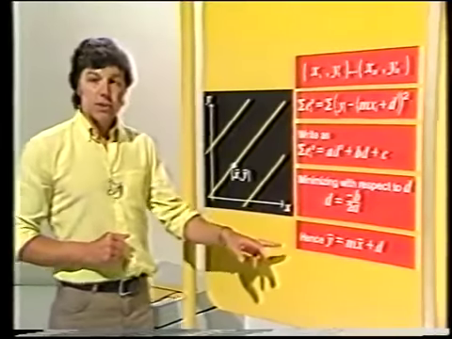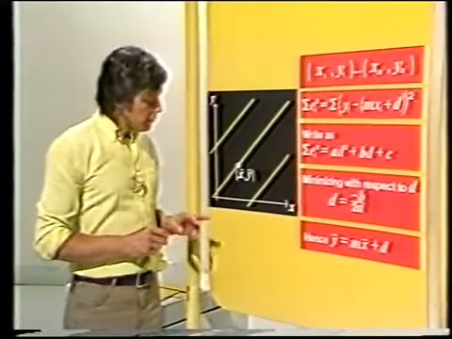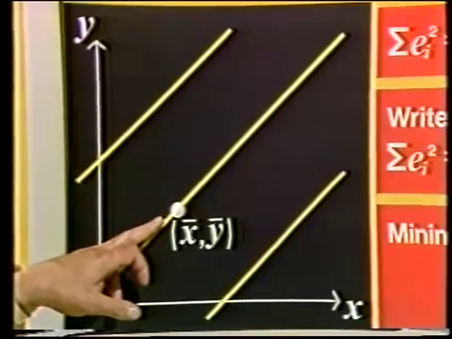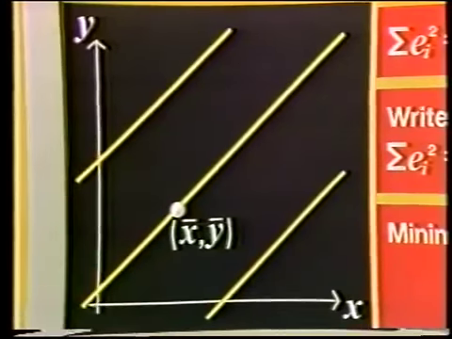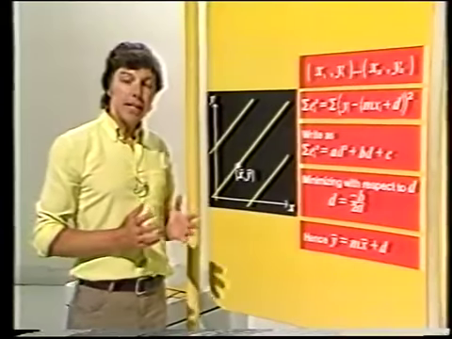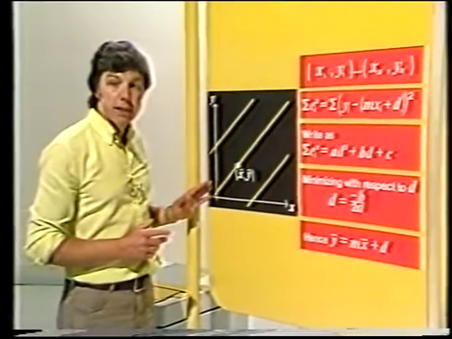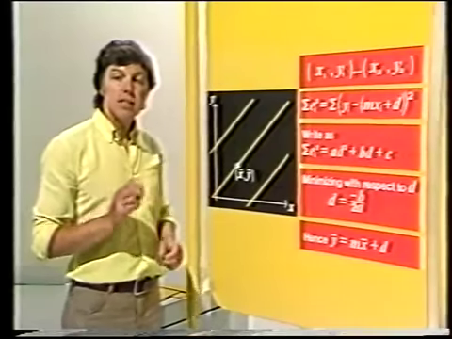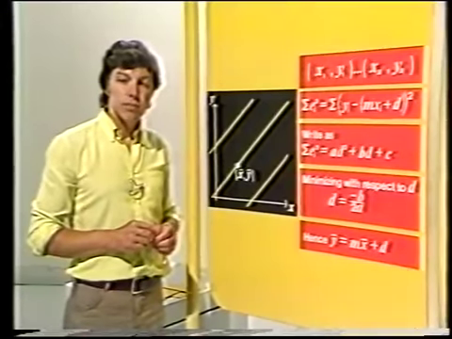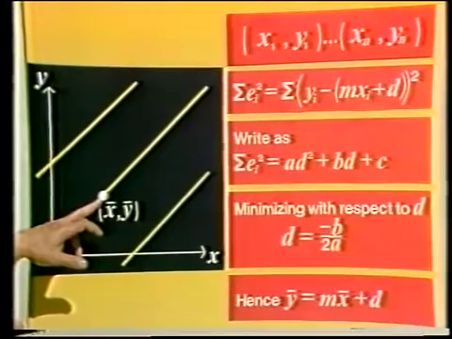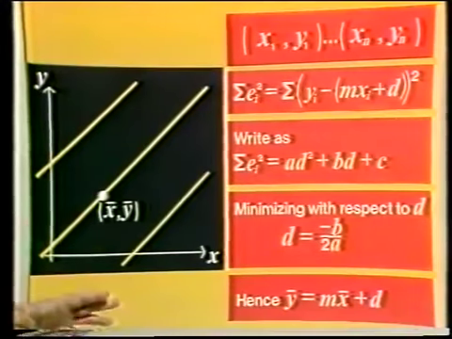So that tells us that the line must pass through the point x bar, y bar. That's the centroid. So out of any set of parallel lines, this is the one that's best. And that's the key to the next stage. We look at all the lines that pass through x bar, y bar, and choose the best one out of that set.